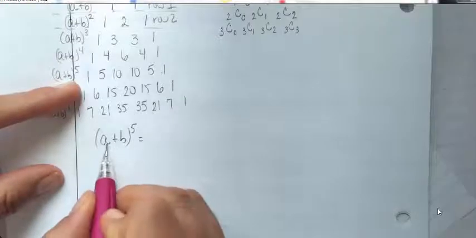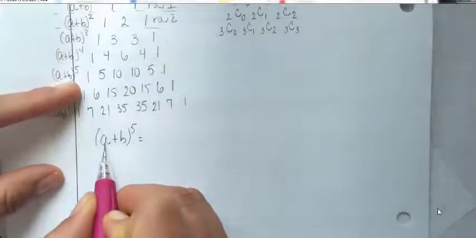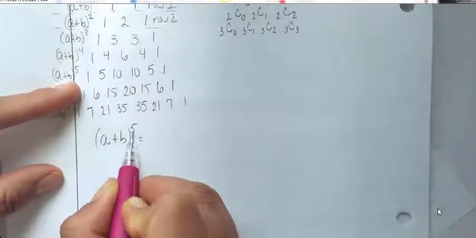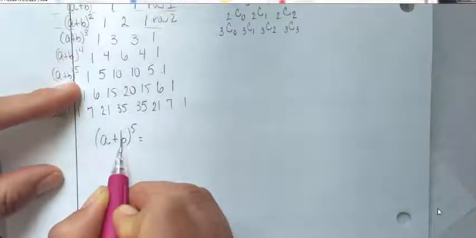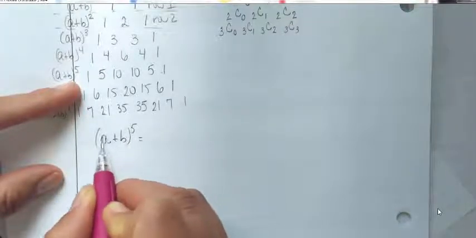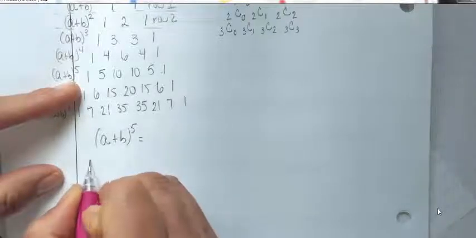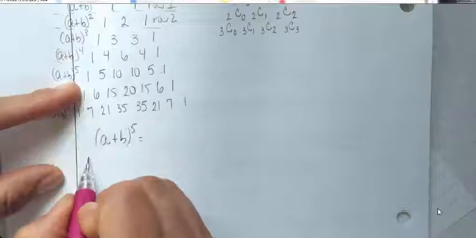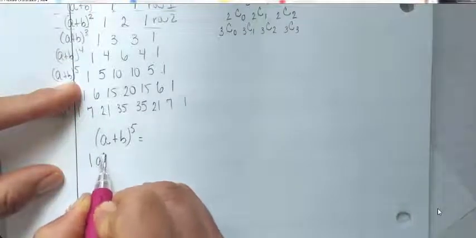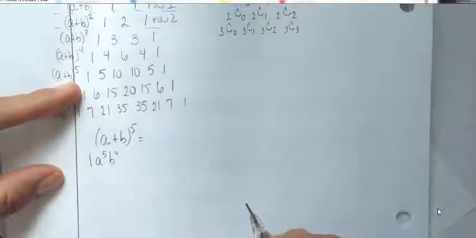Now you always start with A. You give the first term all the powers. So then B gets none of the powers. And your powers have to add up to this power all the time. So first of all, my coefficient is 1. A to the 5th power, B to the 0 power.